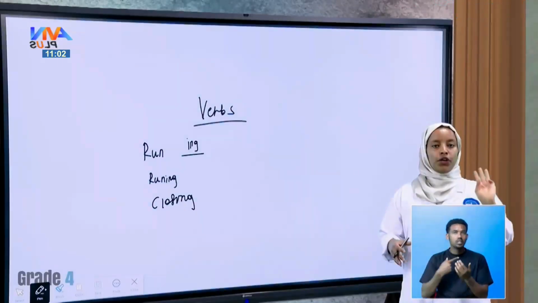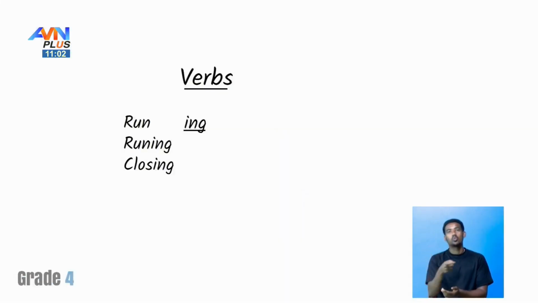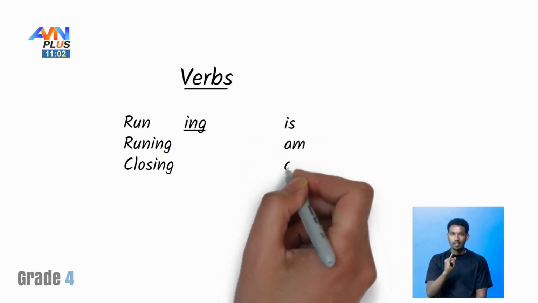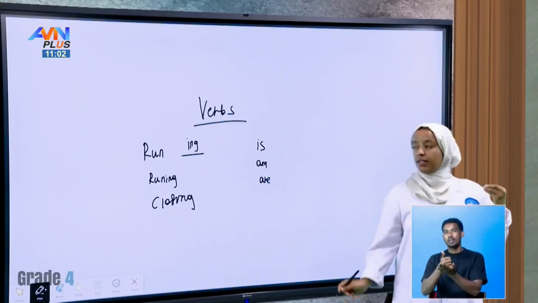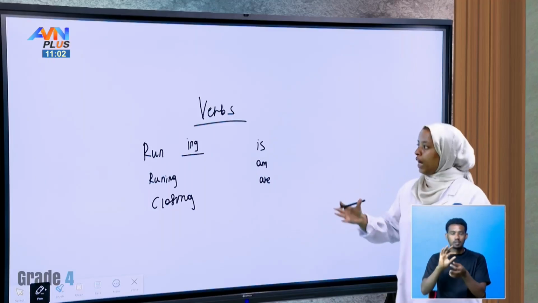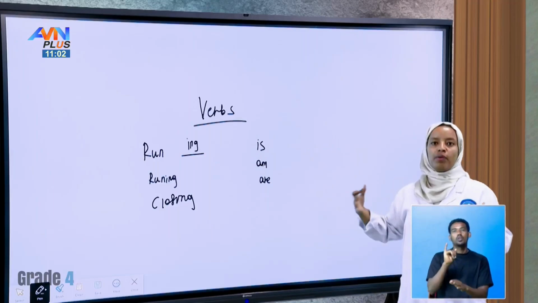There are three of them, verb to be, like is, am, and are. These are helping verbs that help the main verb and give meaning. So we can use is, am, and are before ing verbs.